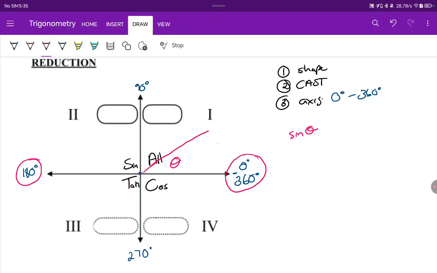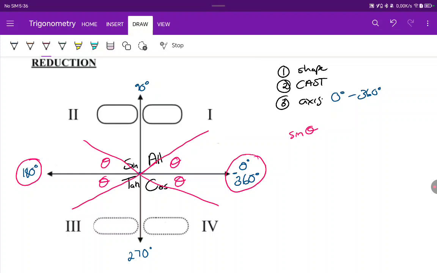No problem with that. But what happens if I have the same angle over here? If I have theta over here versus having theta over here, or having theta over here. Let's assume theta is all the same size, right? So how do I solve that using the reduction formula?